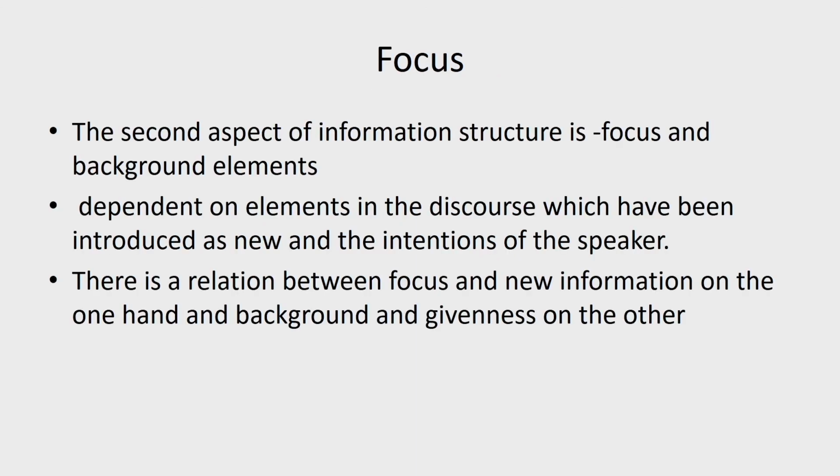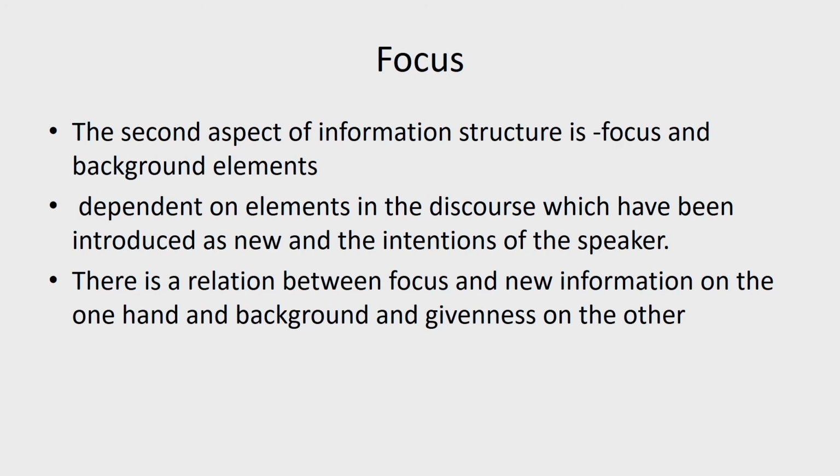And then the second aspect of information structure is, as we said, focus and background elements dependent on elements in a discourse which have been introduced as new and the intentions of the speaker. And there is a relation between focus and new information on one hand and background and givenness on the other, but they are not always mutually exclusive.